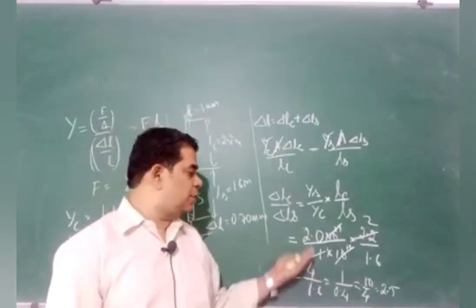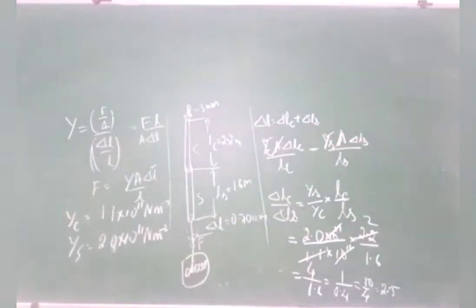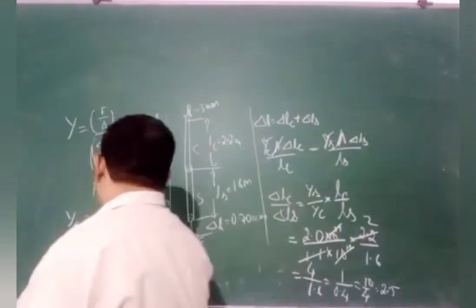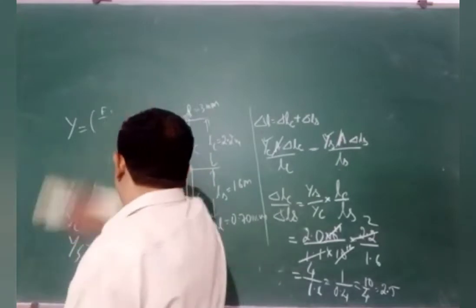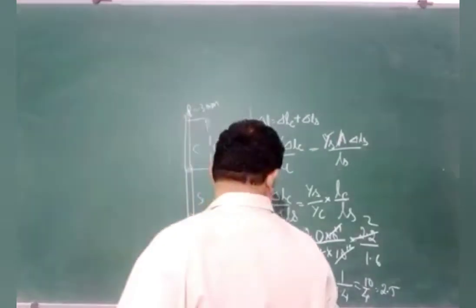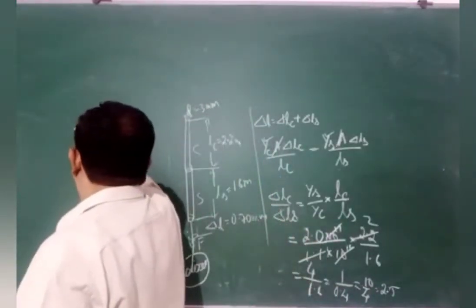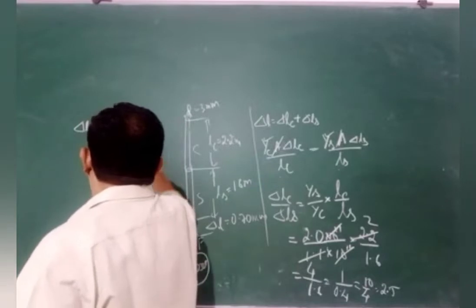You substitute this for this and you get any one of them. That is sufficient. I'll just rub off this. I'll go for the calculation now. We know delta L equals delta LC plus delta LS.